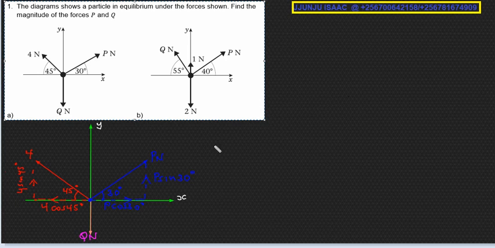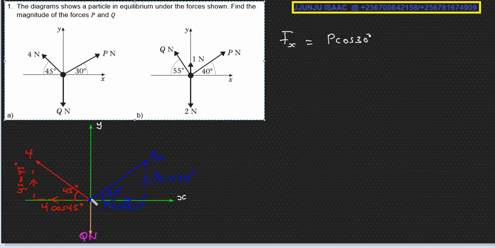So we shall find Fx, forces in the horizontal component. We shall have forces in the horizontal as P cos 30 degrees. It is moving to the right, so it is taken to be positive.